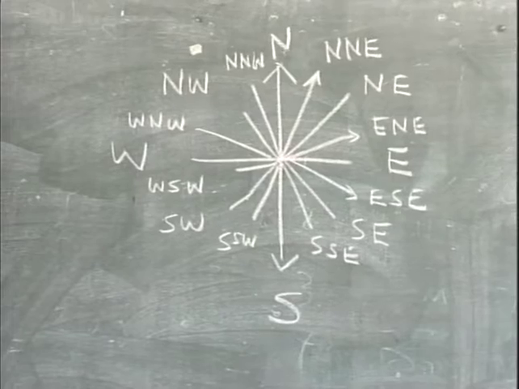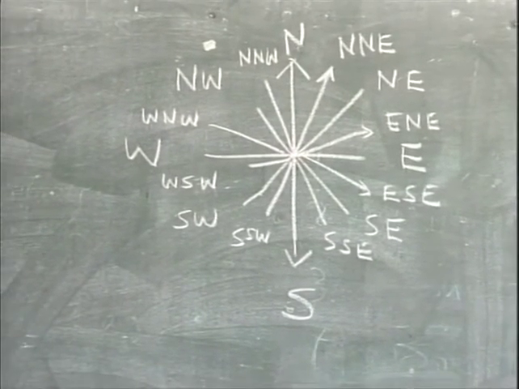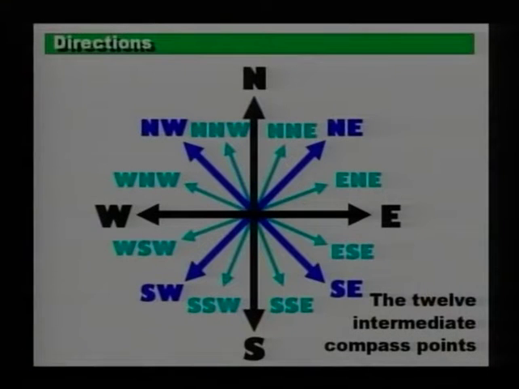If we look at that information on our monitor, it tells us the 16 points of a compass, which include also the 4 cardinal points. So altogether, if we count all of those, that is 16.